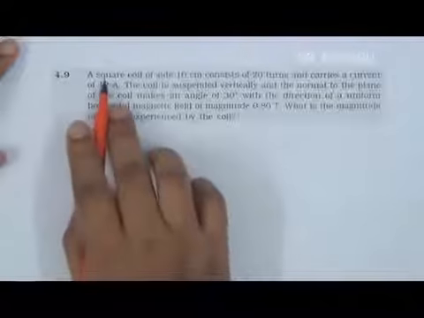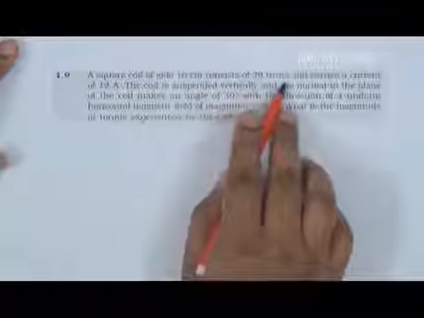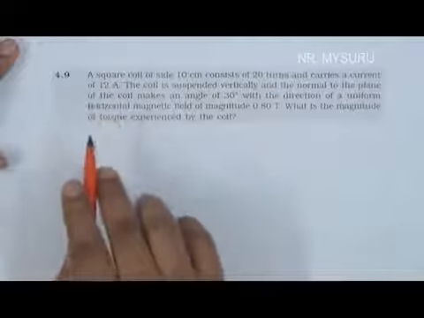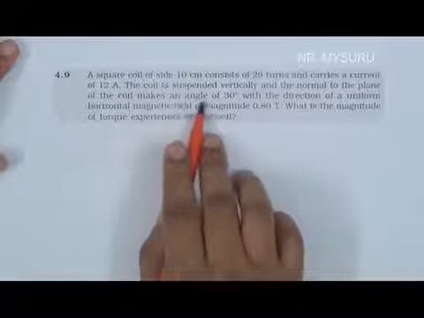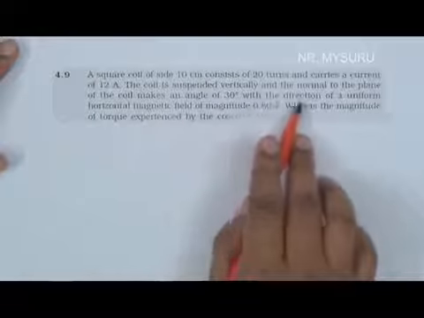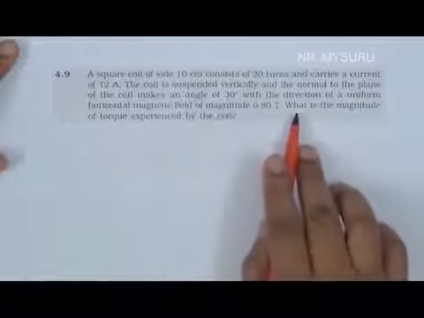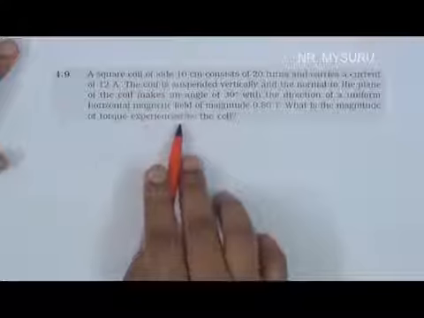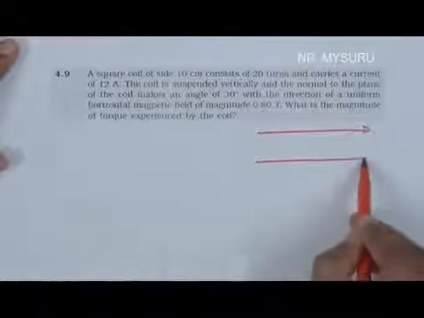4.9. A square coil of side 10 cm consists of 20 turns and carries a current of 12 ampere. The coil is suspended vertically and the normal to the plane of the coil makes an angle of 30 degree with the direction of the uniform horizontal magnetic field of the given magnitude. What is the magnitude of torque experienced by the coil? Let this be a uniform magnetic field.